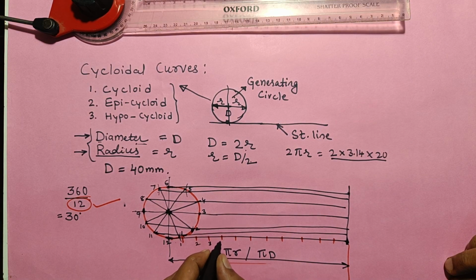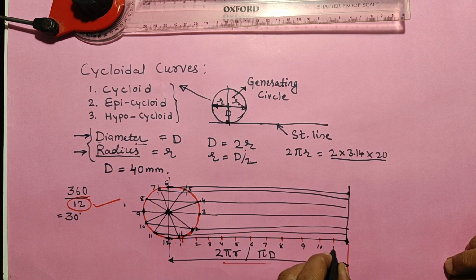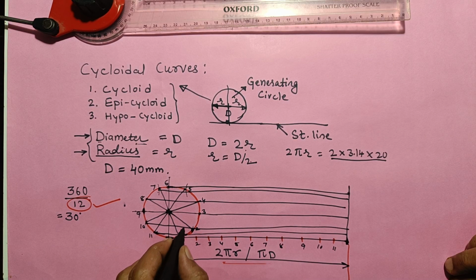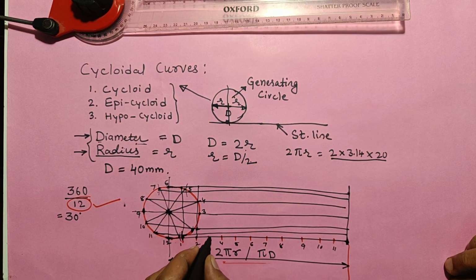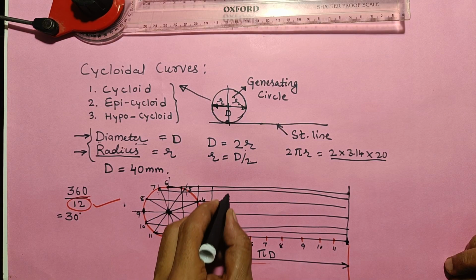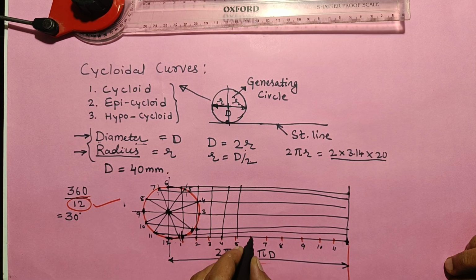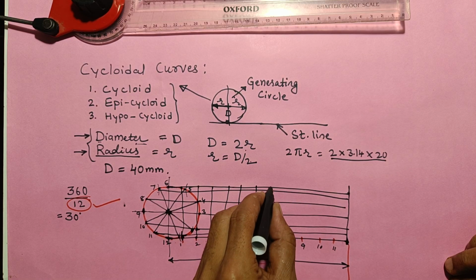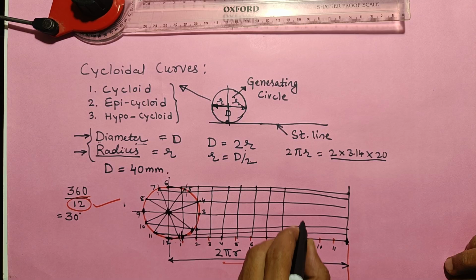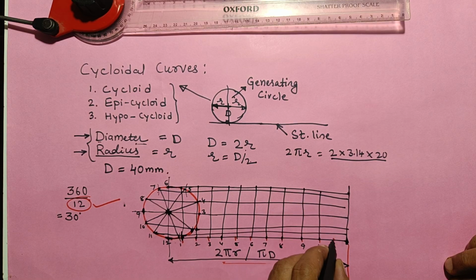From this point again draw a perpendicular line, connect till the end, like this. So last one will be 12th one.